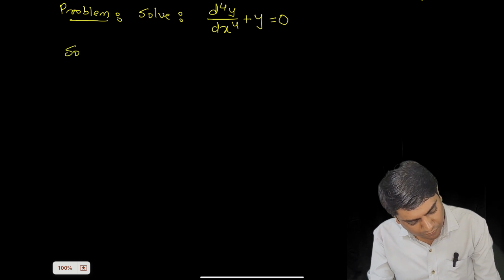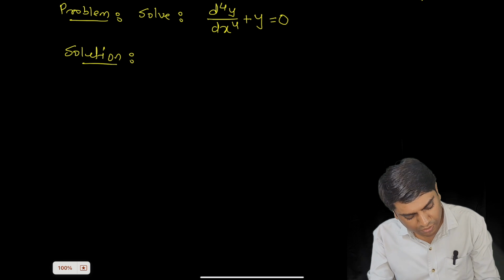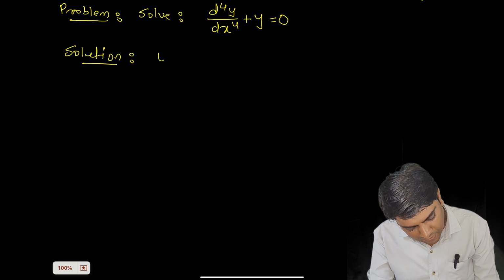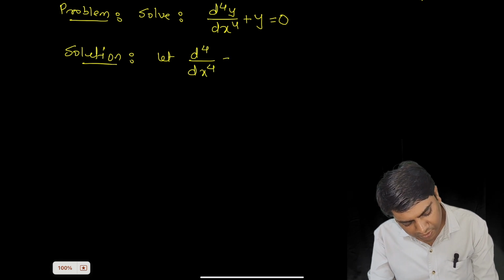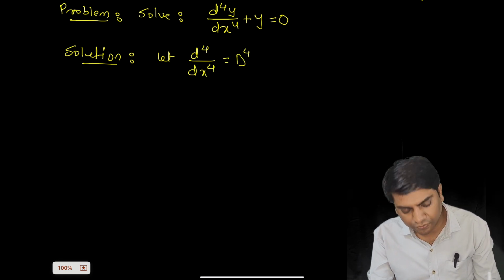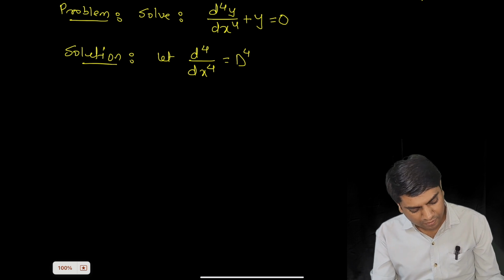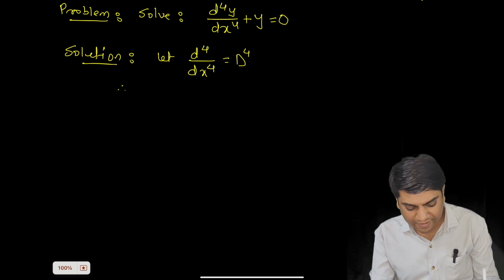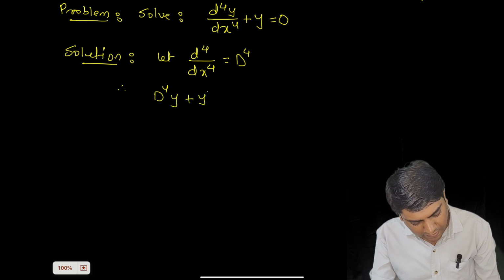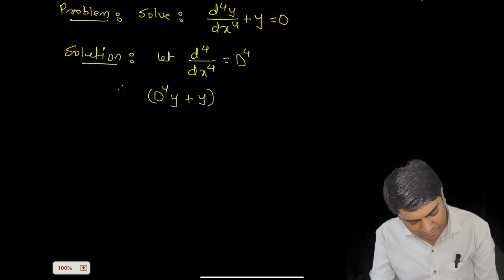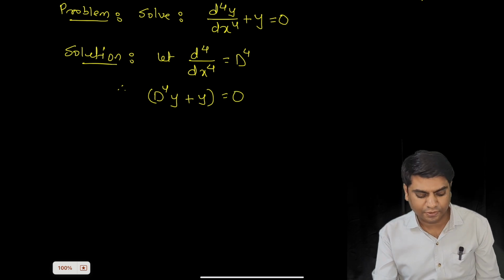So for the solution of this differential equation, let d raised to 4 upon dx raised to 4 be equal to capital D raised to 4. Therefore we can write the same equation as D raised to 4 into y plus y is equal to 0.